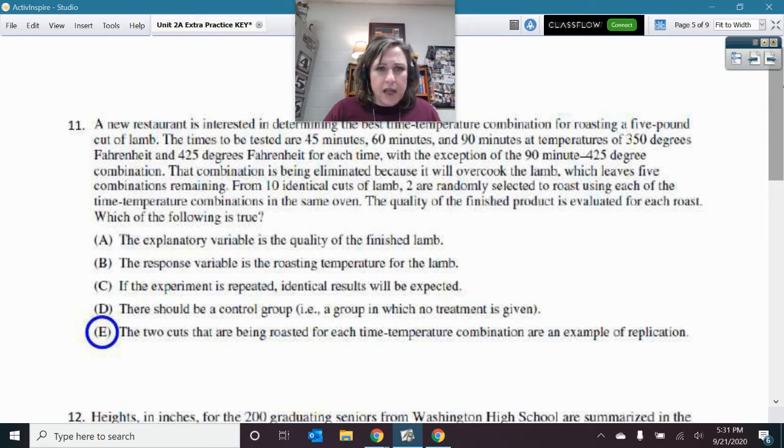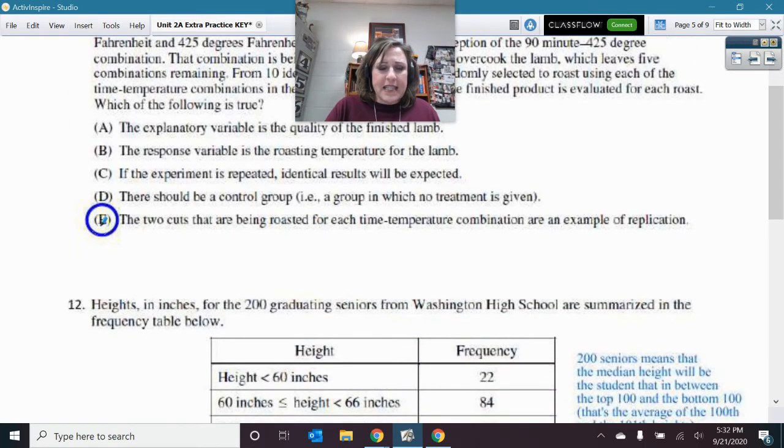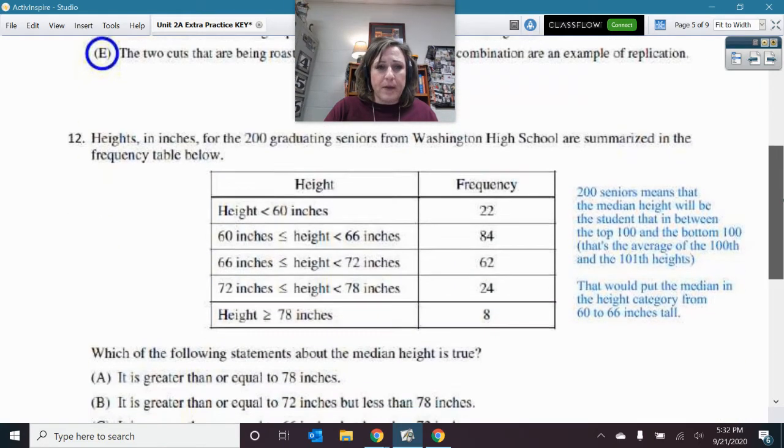So here, a lot of people were asking me about C. No on this identical result. C is no go because you're not going to get identical results from an experiment to an experiment. They vary from sample to sample. But E is like a matched pairing of those cuts into those different types of time and temperature combinations.